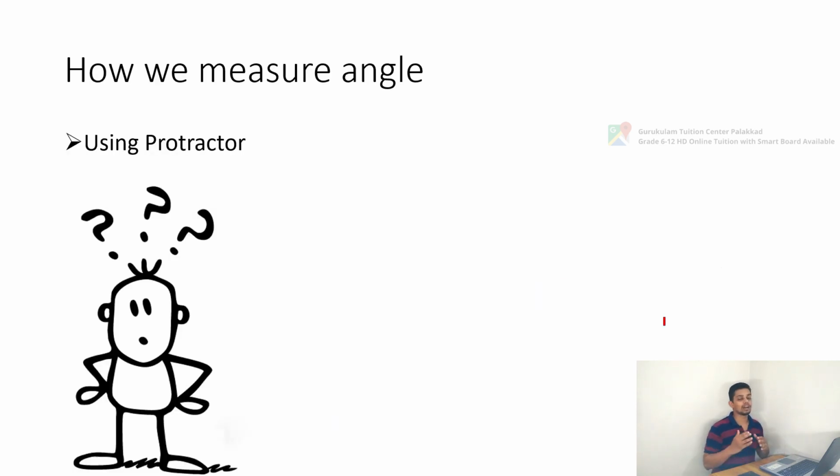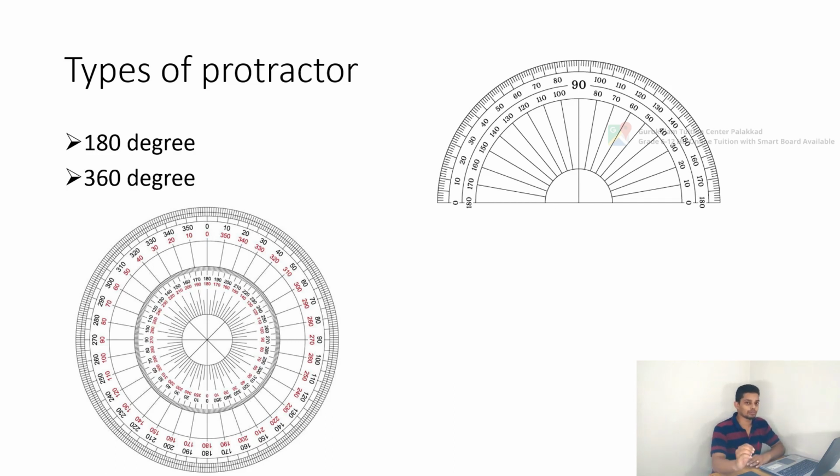So next, how to measure this angle. In order to measure an angle, we use the instrument called a protractor. We have two types of protractors, a 180 degree protractor and a 360 degree protractor. Until you are in 10th standard or plus two, you can use a 180 degree protractor.